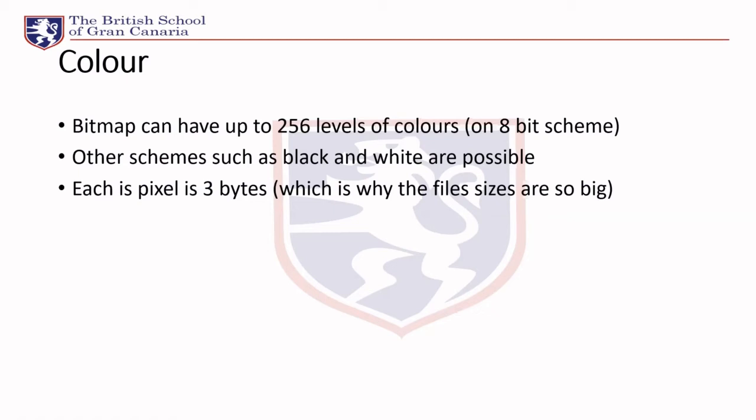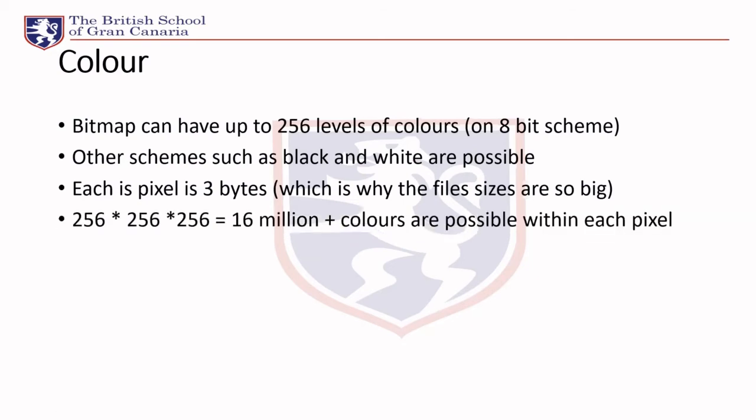So for example, if you were to create an image using Paint and you save it, it's a massive file size. Then when you convert it to something else like a JPEG, it's much, much smaller, okay?